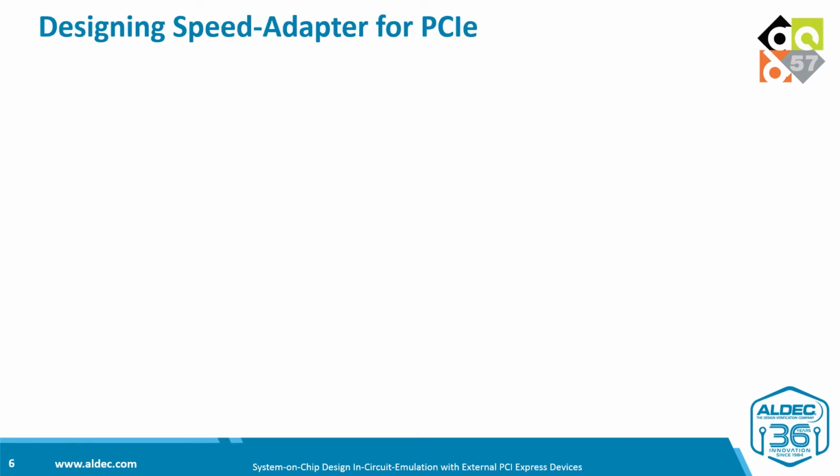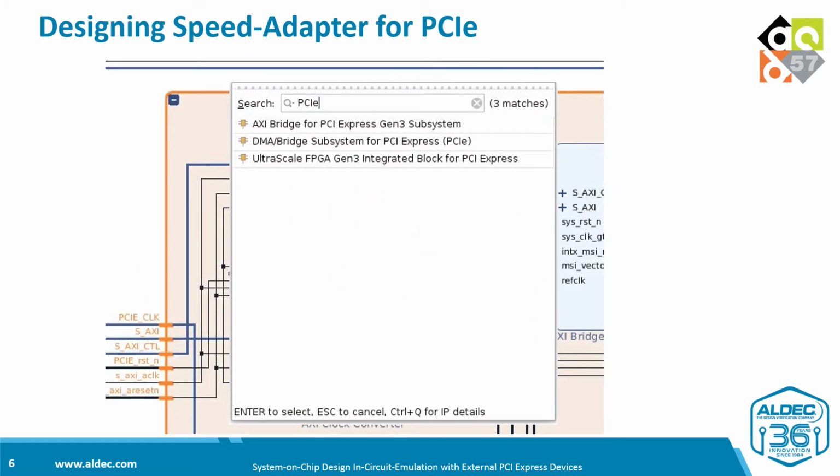Designing a PCIe speed adapter from the ground up would be a complex and time-consuming task, requiring a level of effort comparable to developing a complete device controller. But we have access to reusable components, like, for example, ready-to-use IP cores for PCIe bundled with Xilinx Vivado Design Suite.